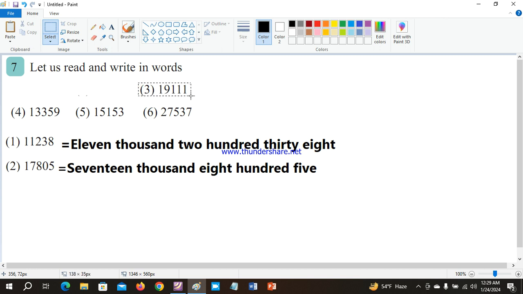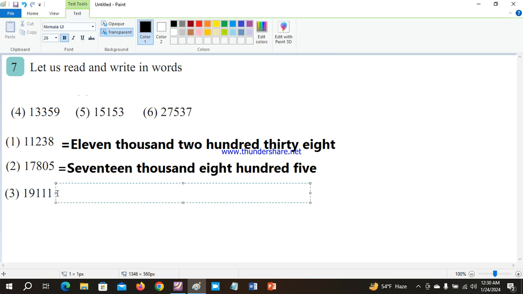And the third problem is, here look very carefully. Ones, tens, hundreds, thousands and ten-thousands.